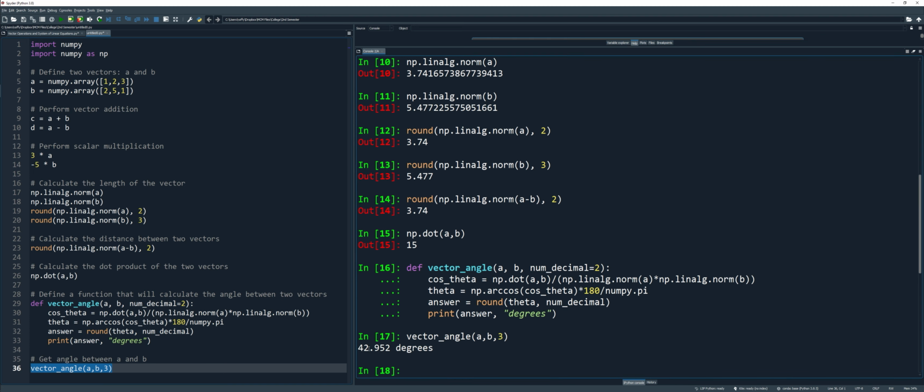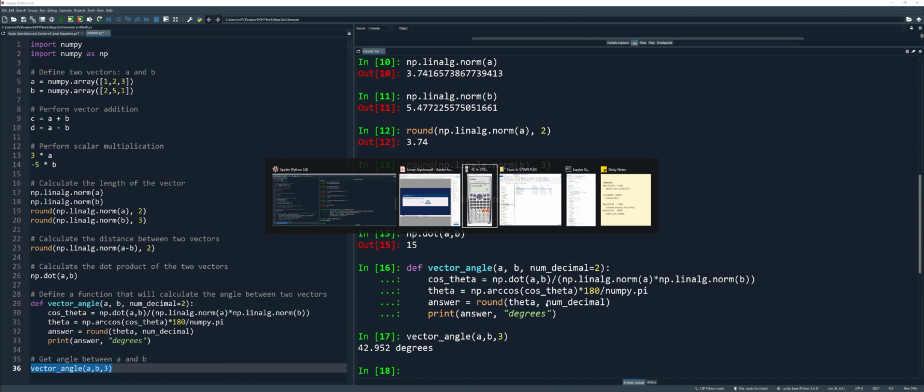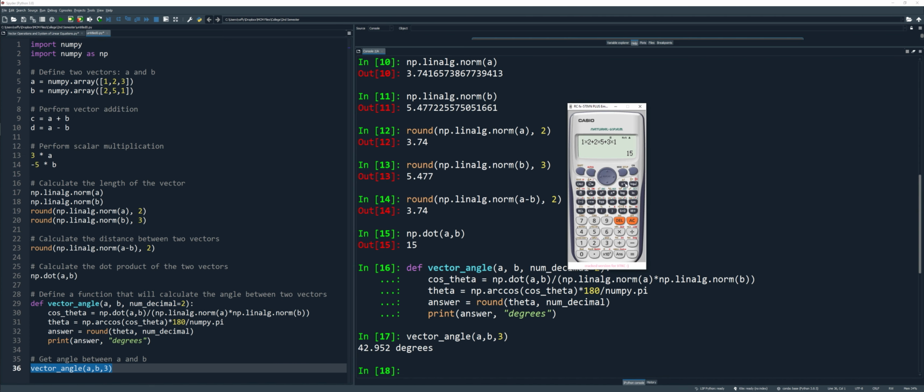It's 42.952 degrees. So let's try to confirm that one using our calculator. So the formula is r cosine. We will try to do it in one go. In the numerator, we want to get the dot product of the two vectors. That is 1 times 2 plus 2 times 5 plus 3 times 1. In the denominator, we want to multiply the length of the two vectors.